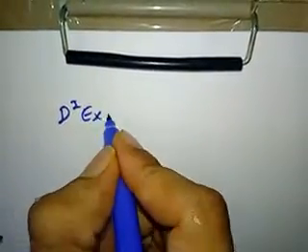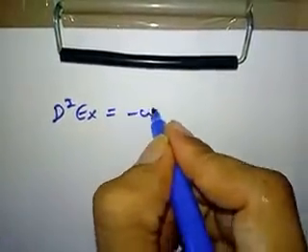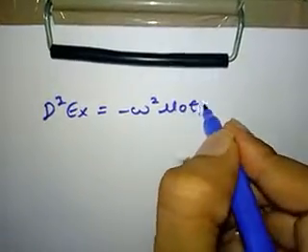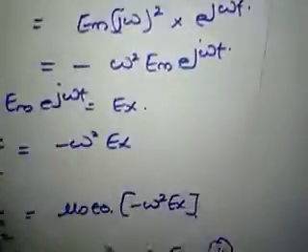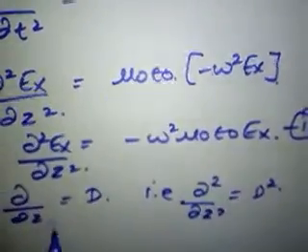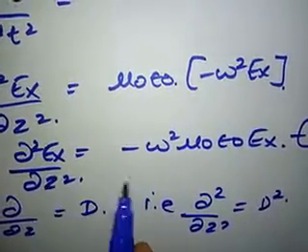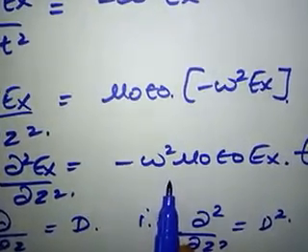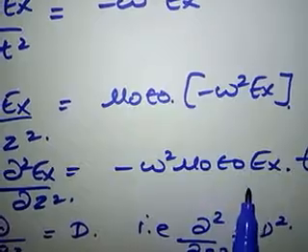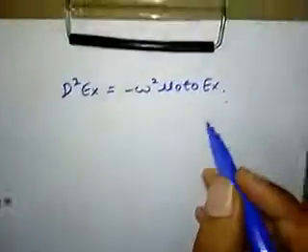So I get d square Ex is equal to minus omega square mu naught epsilon naught Ex, right? So that is what I have written here.